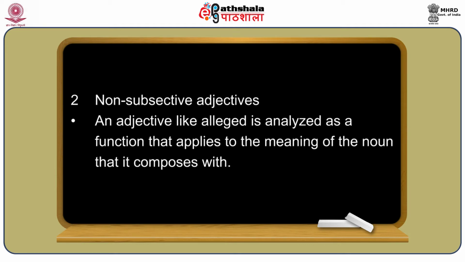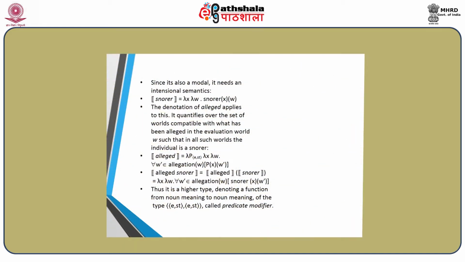An adjective like alleged is analyzed as a function that applies to the meaning of the noun that it composes with. Since it is also a modal, it needs an intensional semantics. This is shown below. The denotation of alleged applies to this. It quantifies over the set of worlds compatible with what has been alleged in the evaluation world W, such that in all such worlds, the individual is a snorer.